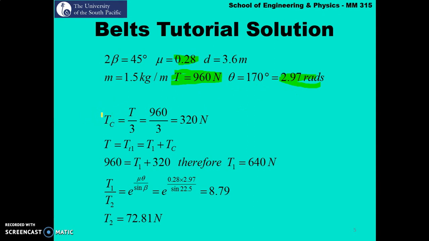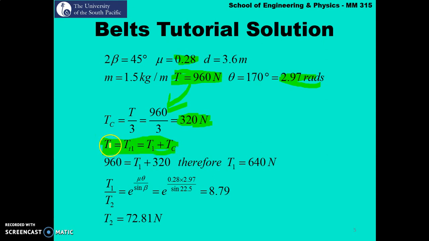So the first thing is, we know that in this case we're looking at the maximum power transmission condition. With respect to our lecture notes, we said that for maximum power transmission, your centrifugal tension TC is one third of your maximum tension. So 960 divided by 3, you get your TC to be 320 Newton. Again in your lecture notes, we said that your maximum tension is equal to the total tension on the tight side.